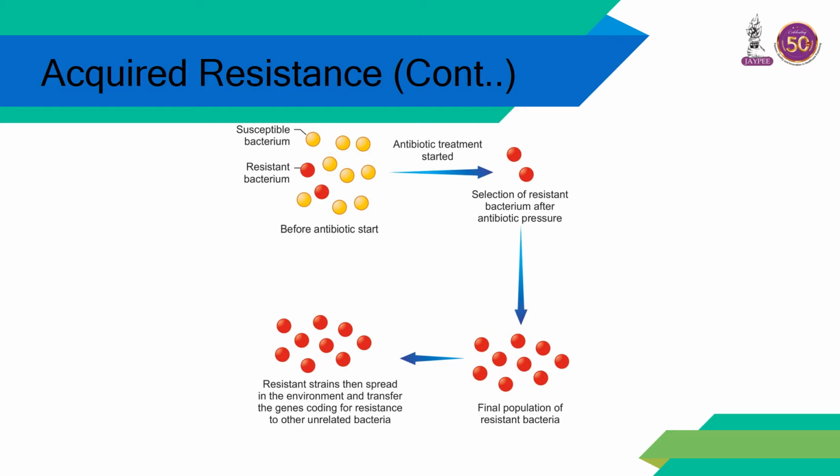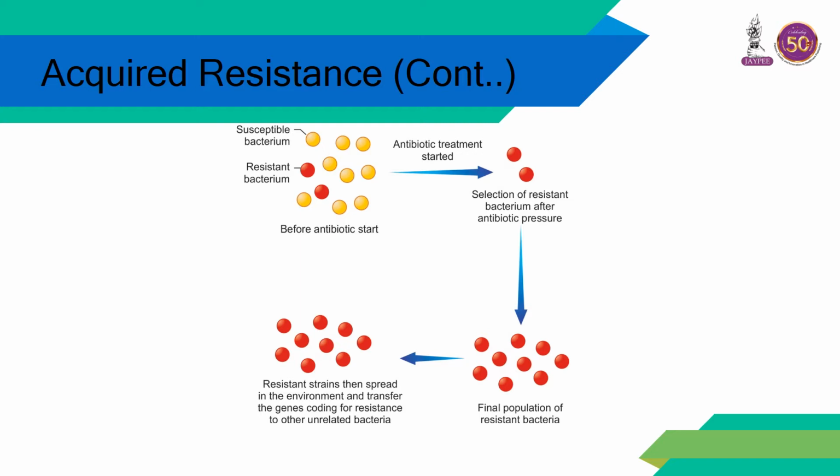A simple example that we can give is the theory of Darwin. We know that survival of the fittest is the rule. If the environment is unfavorable, only the organisms that have the capability to survive are going to flourish.